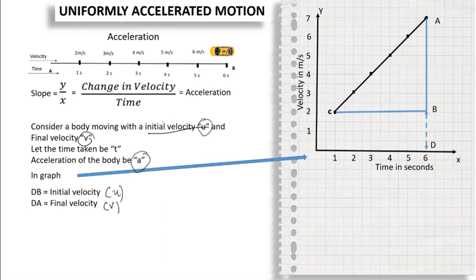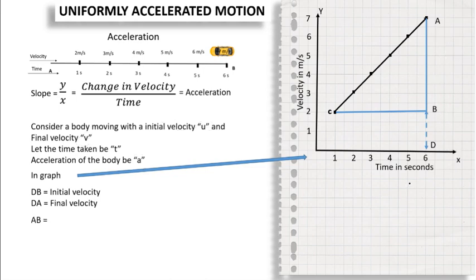Now what does AB represent? AB represents the distance, this final velocity from here to here minus the initial velocity. Please try to understand. From here to here is the final velocity; out of that, if you take this much out, what is left is AB. So if the final velocity is V and the initial velocity is U, what is this length then? V minus U, right?